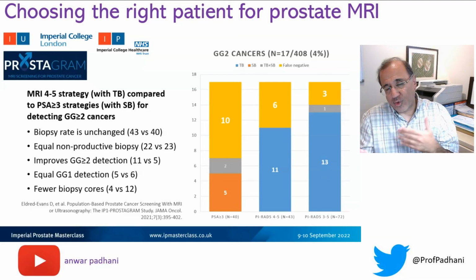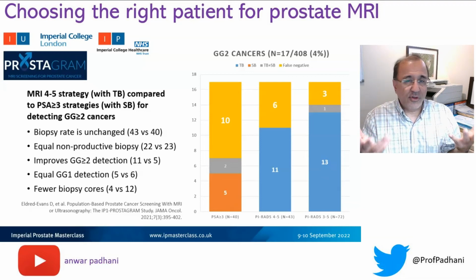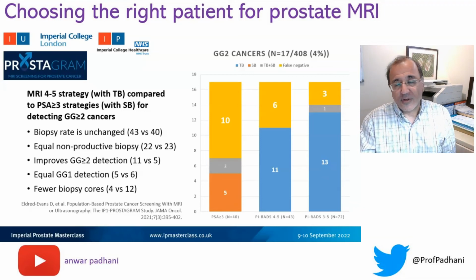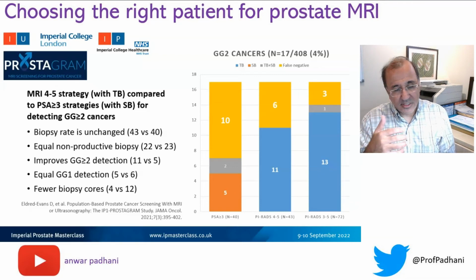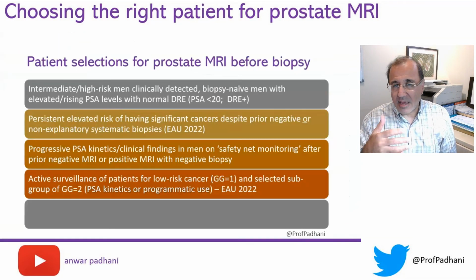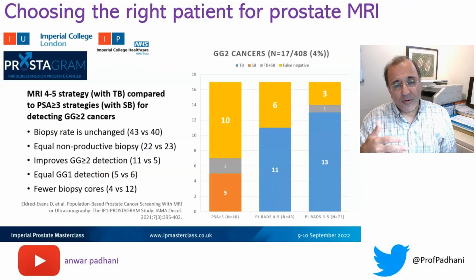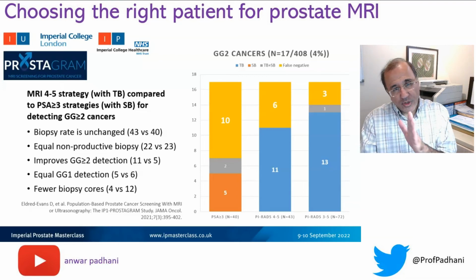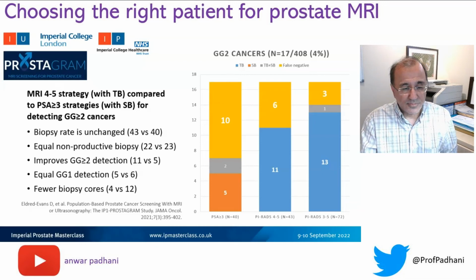And of course, you would use fewer biopsy cores if you use the targeted biopsy approach. So there's some early data suggesting that there may be a role of prostate MRI in these early screening settings, provided you use the right threshold, which should really be 4 and 5 when the prevalence is low.